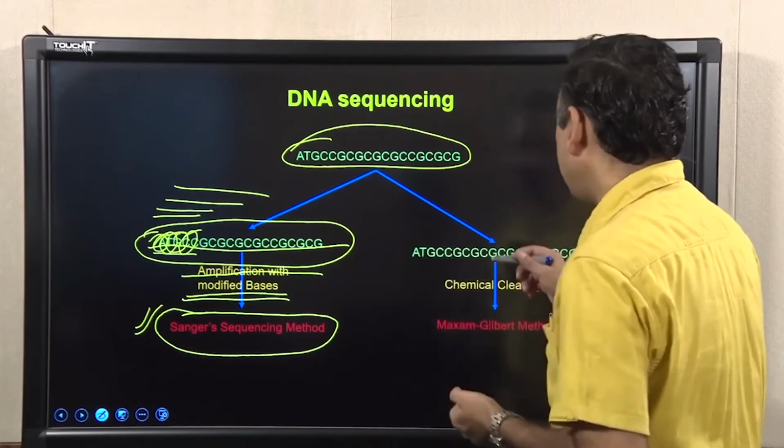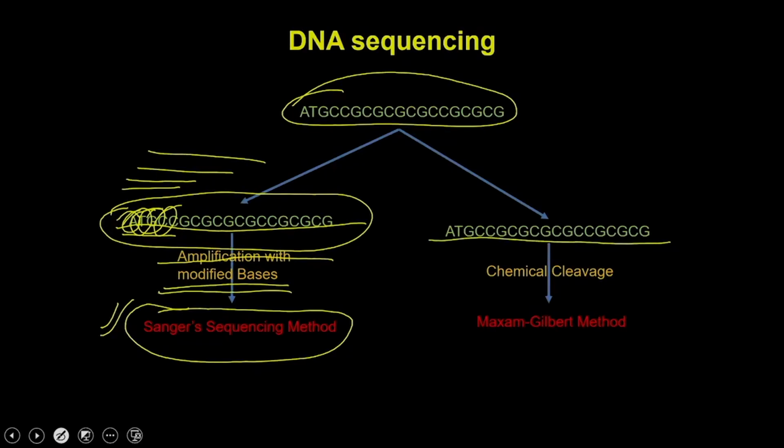Whereas, in the other case, you have the sequence which you are interested in sequencing. Now, instead of doing the amplification, you can simply use some chemical reagents and do a chemical cleavage. For example, you can do a cleavage for A, for T, for G, and for C. In that case, you are going to get fragments, because all these cleavages are going to break the DNA at that particular site.